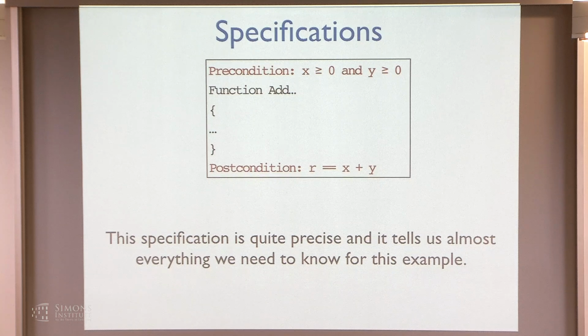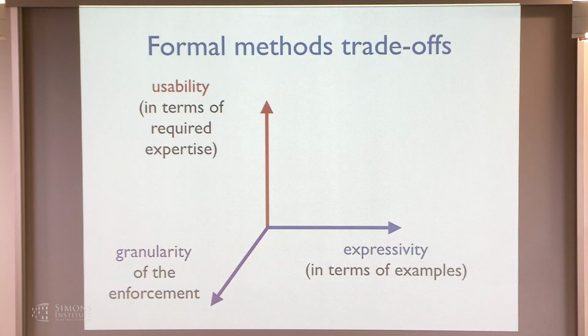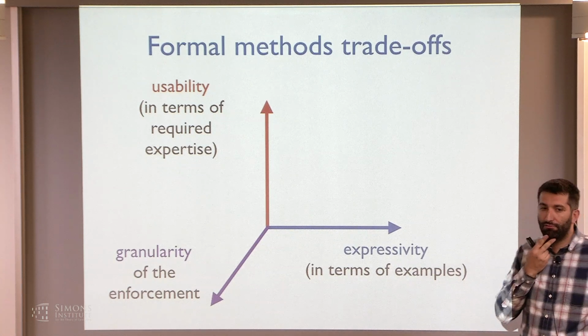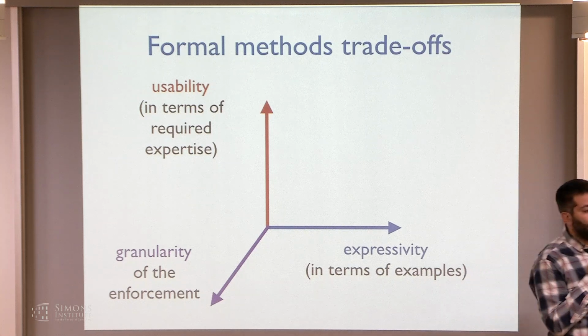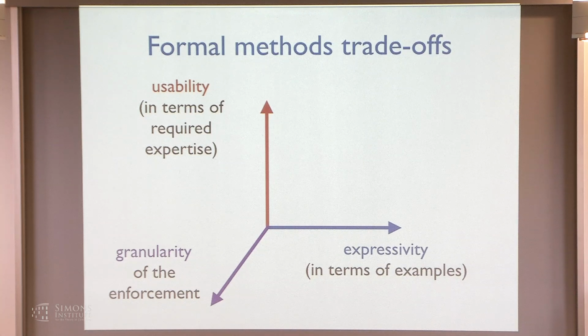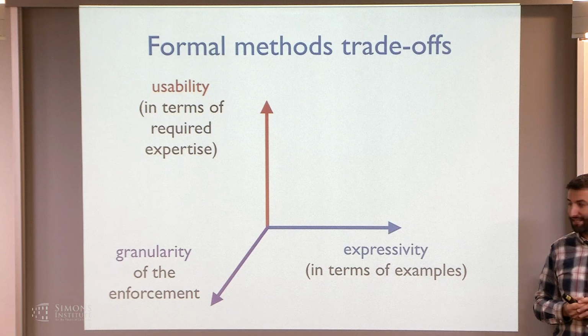Now, the formal method area is quite wide, and I tried to think about some way to compare the different formal methods, and I came up with these 3 directions. I think this will be useful a bit later in my talk when we will see a technique for differential privacy.